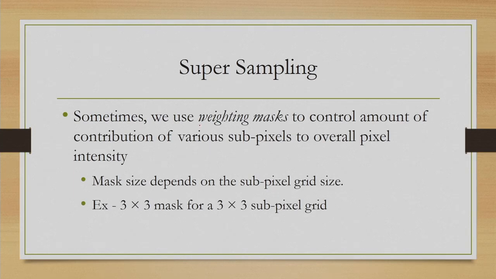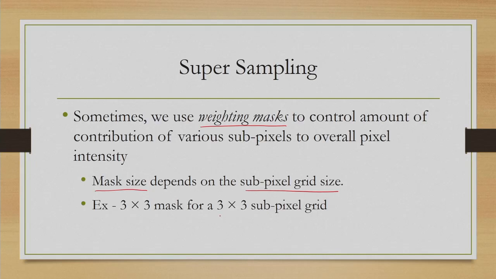Sometimes we also use weighting masks to control the amount of contribution of various subpixels to the overall intensity. Now, this mask size depends on the subpixel grid size. That is obvious because we want to control the contribution of each and every subpixel.